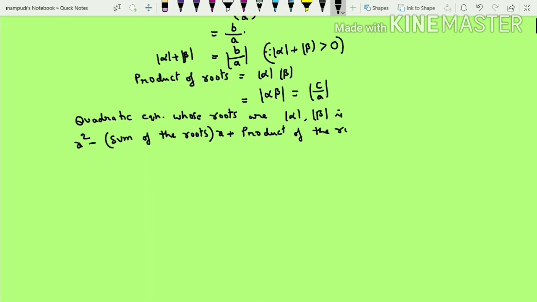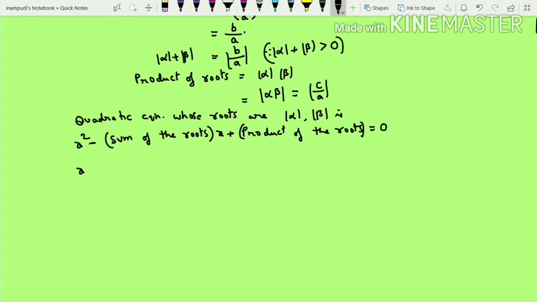This is the formula of the quadratic equation whose roots are alpha and beta. Here the roots are mod alpha and mod beta.